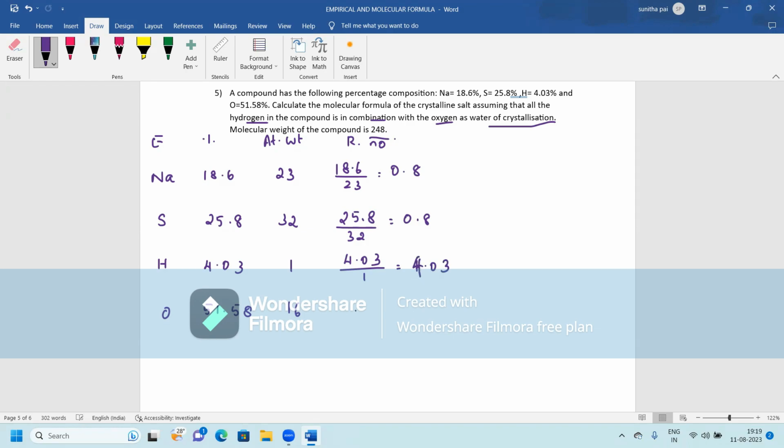Last one, 51.58 by 16 is equal to 3.22. Pick the lowest number, 0.8.